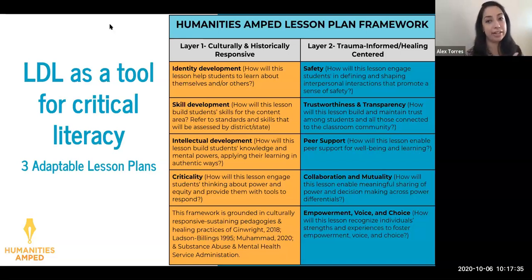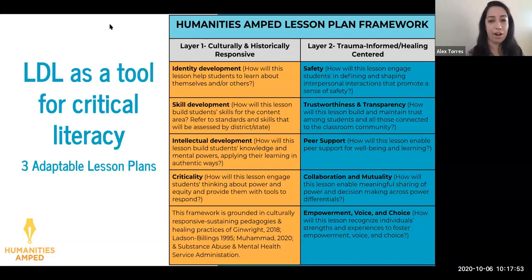The second layer is that we also think in terms of being trauma-informed and healing-centered. We can't learn if we are too stressed out. We can't learn if we haven't processed what we need to be processing. And we can't learn if we don't feel safe in the space.